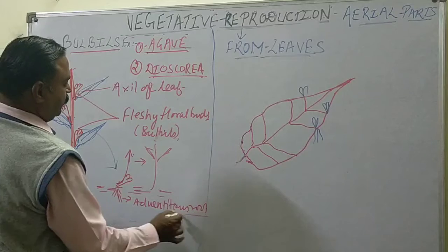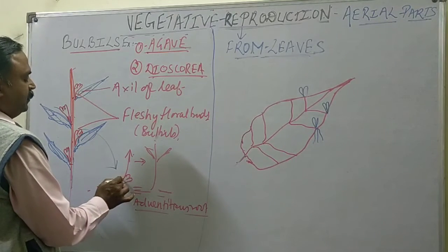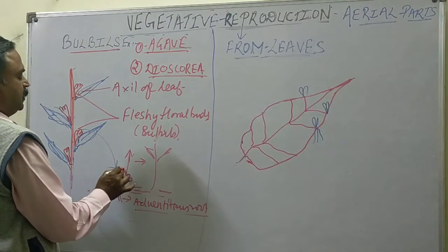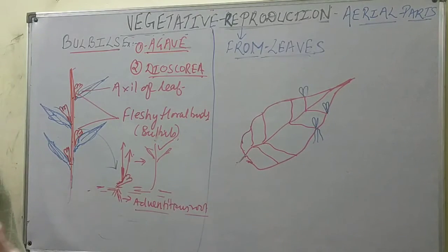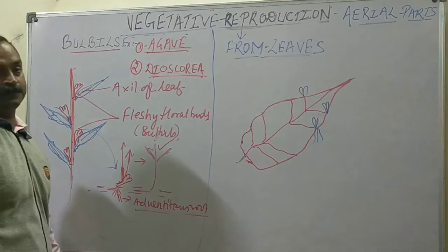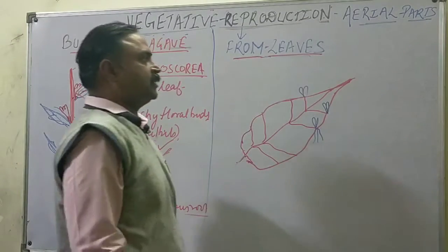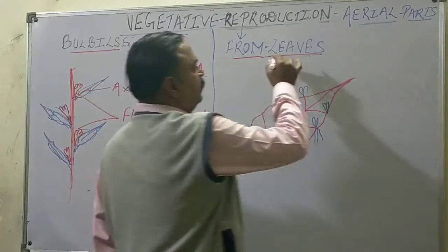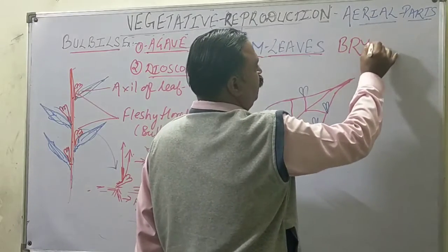The lower part strikes adventitious roots, and the upper bud, the bulbil, develops a bud, and this develops into a new individual. So this happens in the aerial part. Now the next example of vegetative reproduction in the aerial part is from leaves, and the best and popular example is Bryophyllum.